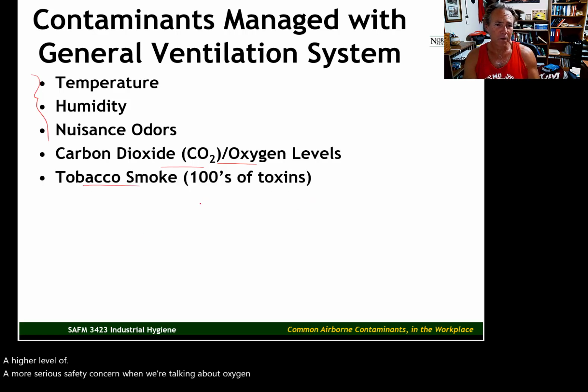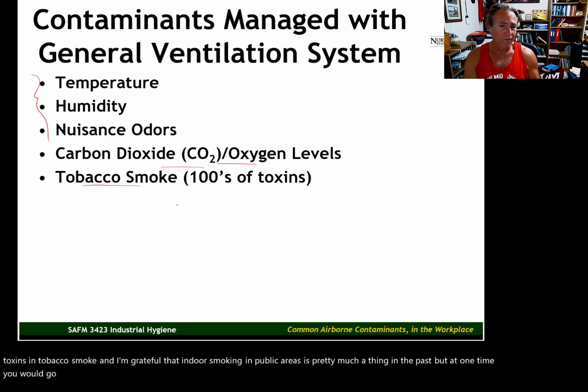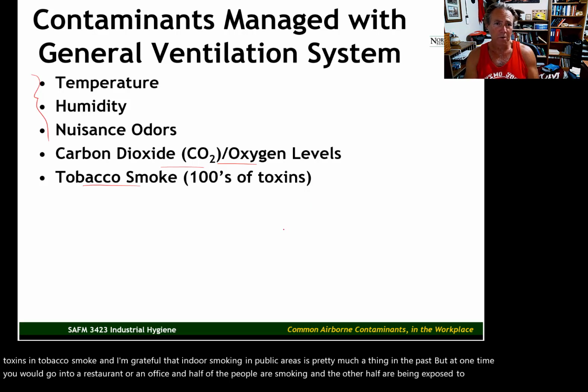Same thing with tobacco smoke. There's hundreds of toxins in tobacco smoke, and I'm grateful that indoor smoking in public areas is pretty much a thing of the past. But at one time, you would go into a restaurant or an office, and half of the people are smoking, and the other half are being exposed to hundreds of toxins in the tobacco smoke.